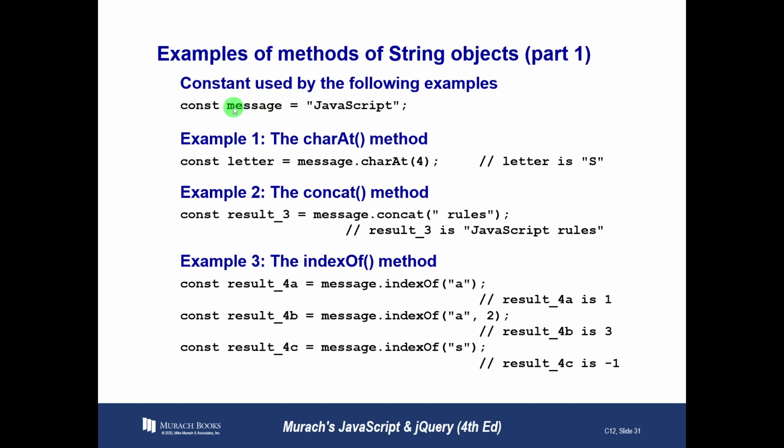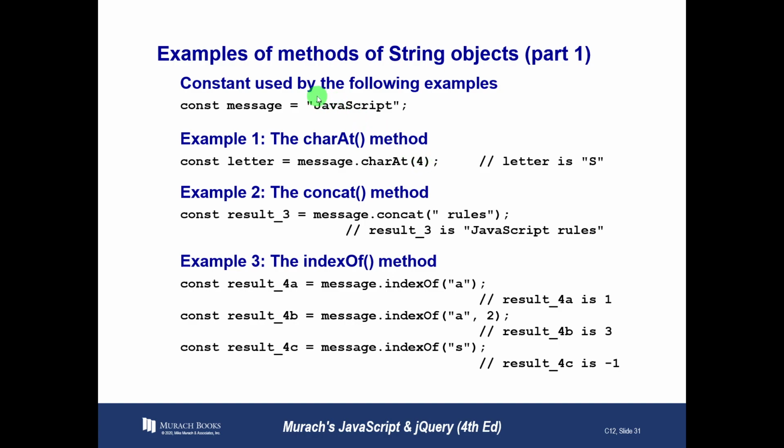If I take this message constant and start using its functions, I can say message dot character at 4, and it's going to look for the character at position number 4.